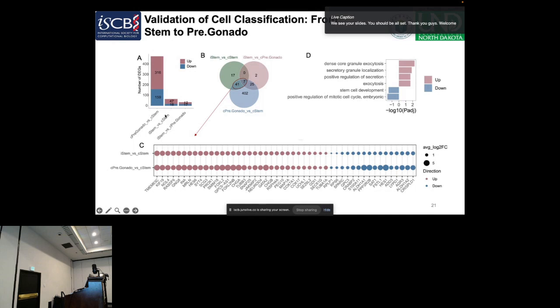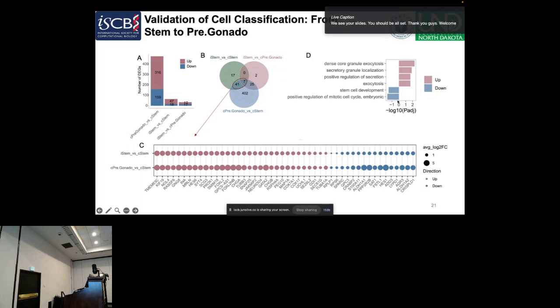To further check this result, we checked the direction of these shared DEGs. As expected, all showed consistent directional changes. This further supports scGEN's classification, that these inconsistent stem cells should be polygonal cells.